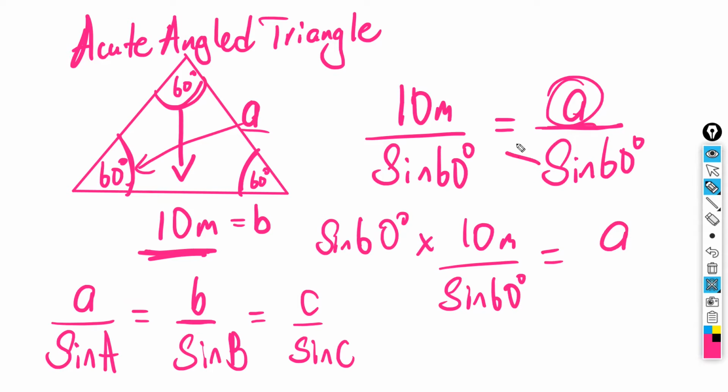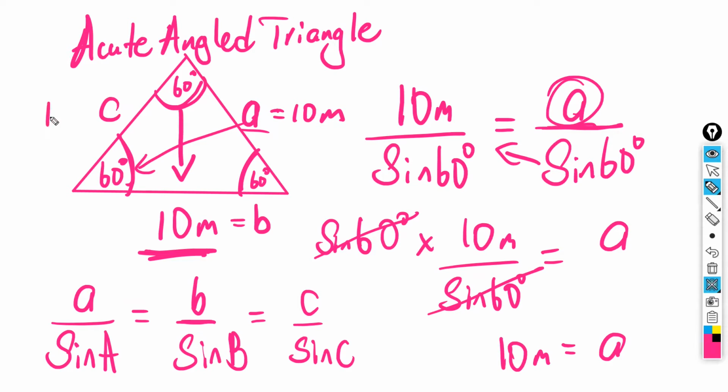We multiply sine 60 by whatever is on the left side, and this sine 60 cancels that sine 60, so we end up with 10 meters is equal to a. So a is also equal to 10 meters, and obviously the other side over here is going to be 10 meters as well.